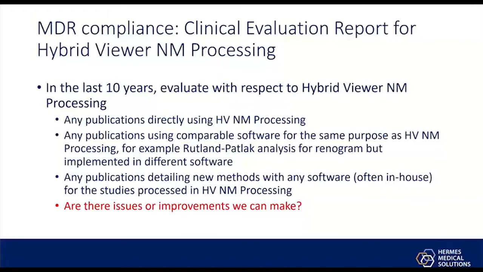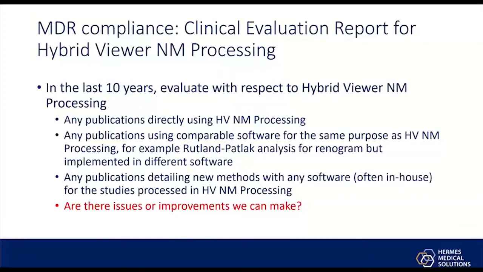That's probably the most direct way that we can demonstrate that our software is still relevant and useful, that it's being used effectively in a clinical context. Or if there were any publications using comparable software for the same purpose as the hybrid view and nuclear medicine processing, but not Hermes.